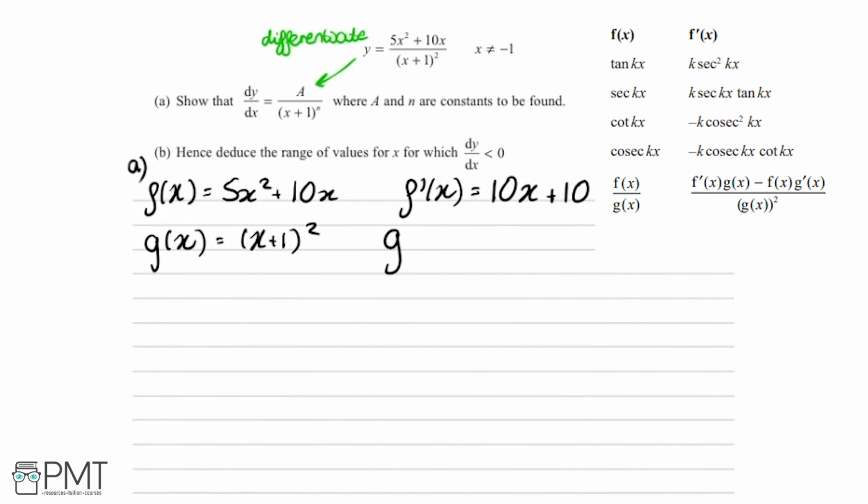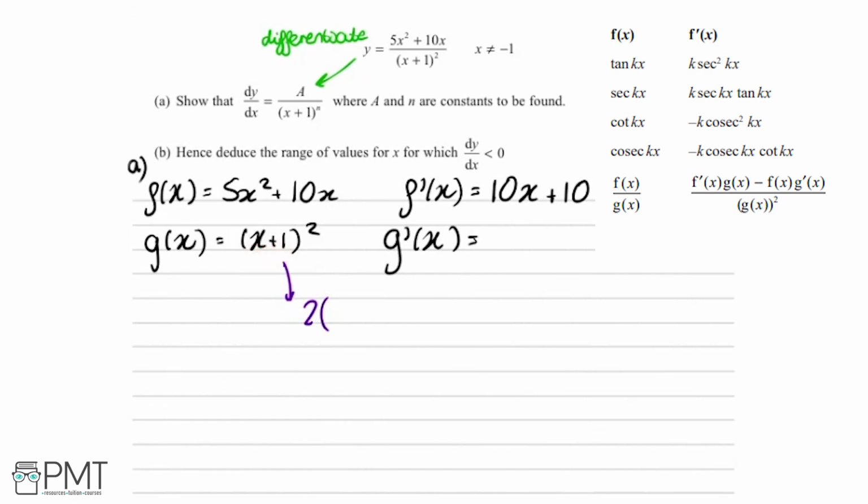We're going to do the same for g dash of x. And this time it's a little bit more complicated. We're going to have to use the chain rule. So using the chain rule, the first thing we need to do is the same as normal. We multiply down the power and bring it to the front, so we've got 2. And then we need to multiply this by the derivative of whatever's inside the bracket.